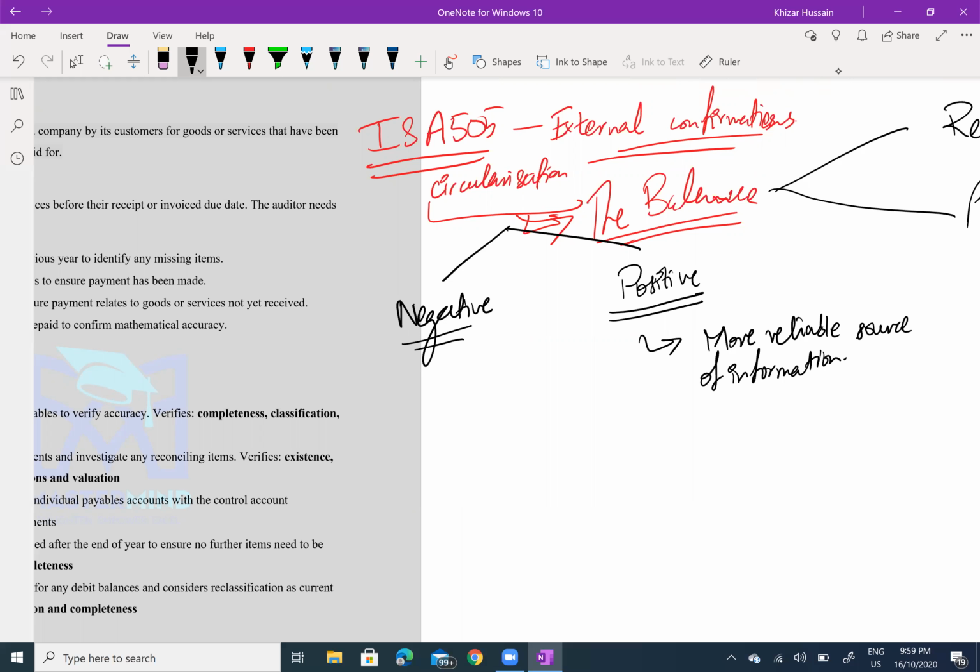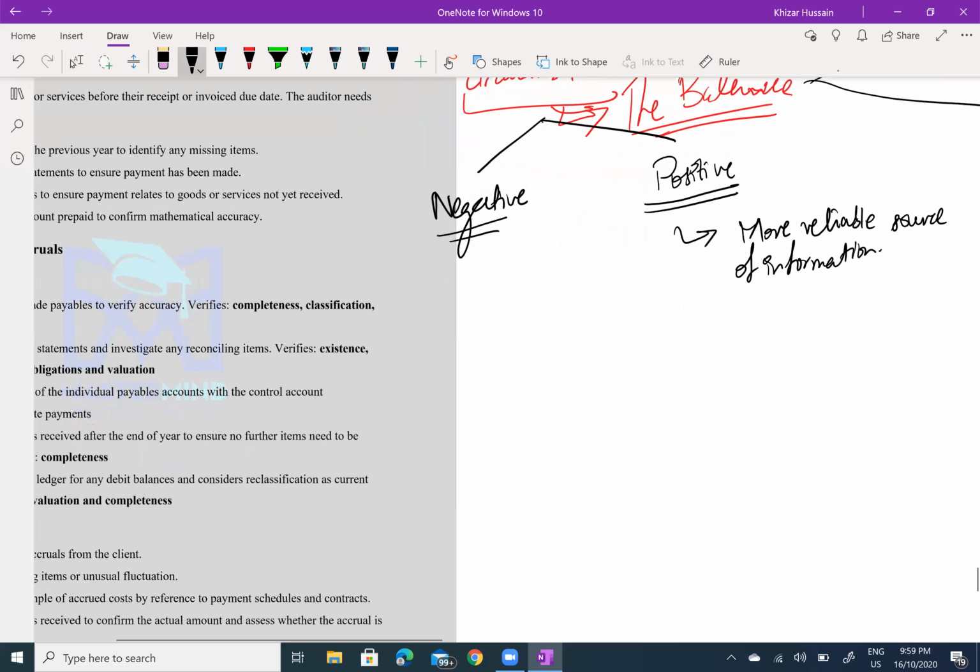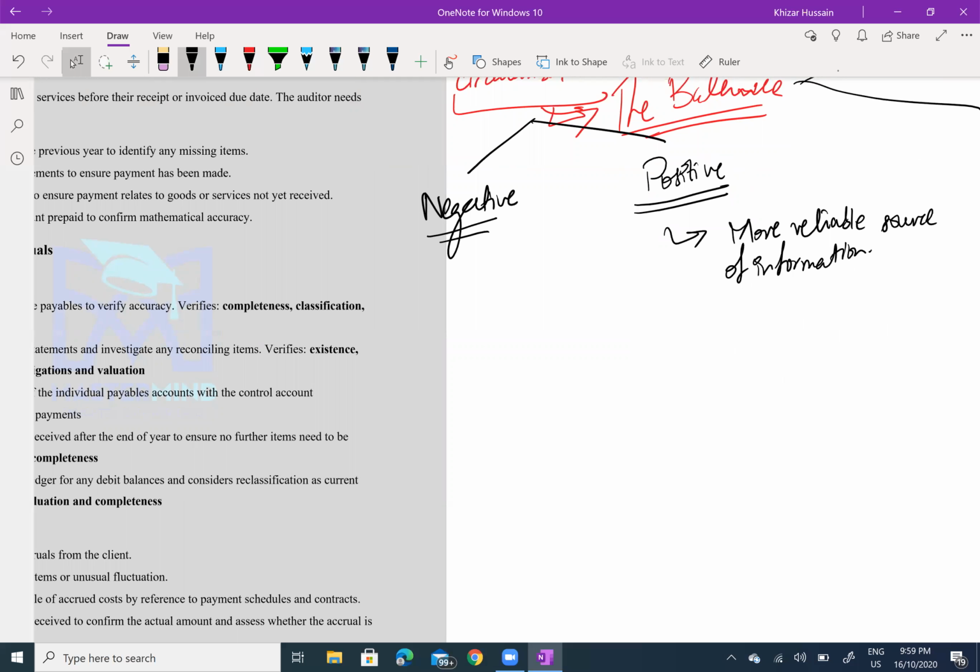Whereas in the negative circularization, which is also called a negative confirmation, what you do is you mention your balance. Obviously we don't write you, we write the company's name that they relate to.